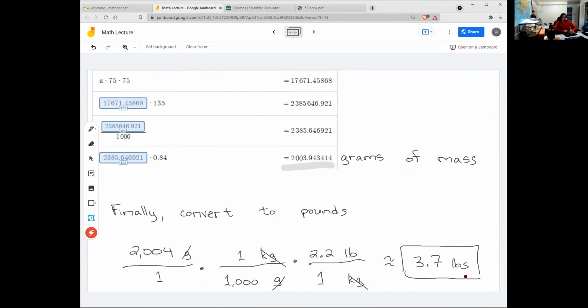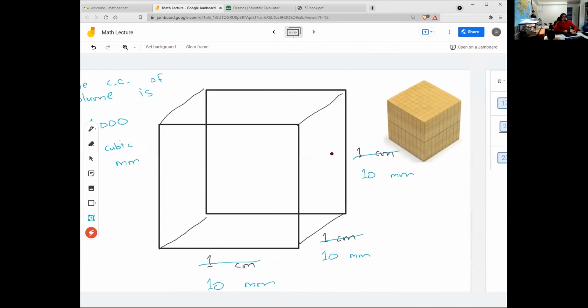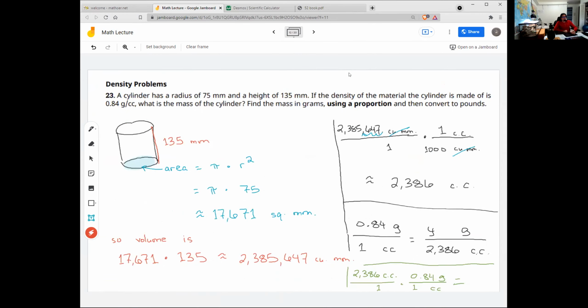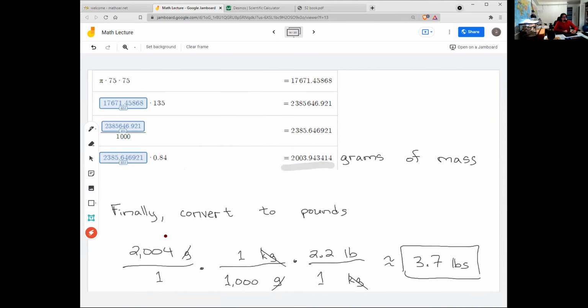Let's change it into pounds, because that's something I know how to think about. Lots of steps. But for pretty much everything, it was just unit analysis. We could have done unit analysis on the whole thing in one long chain if we really wanted to be that kind of person.